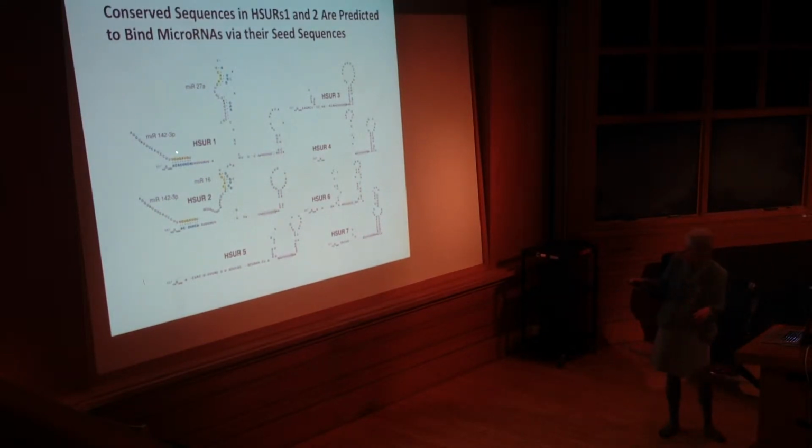And what Demian realized was that for these 3 host microRNAs, the yellow are the seed sequences. Those are the sequences that we know are important for initiating a binding interaction, that these 2 could form interactions with the 5' end of these 2. Again, these are the most abundant and highly conserved.